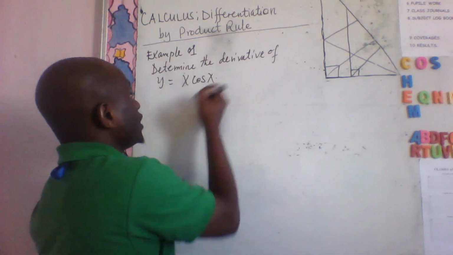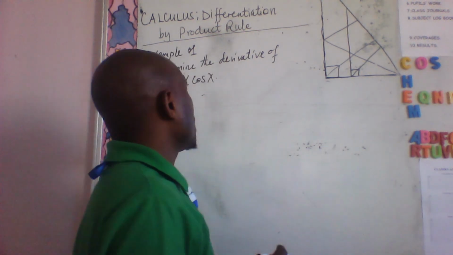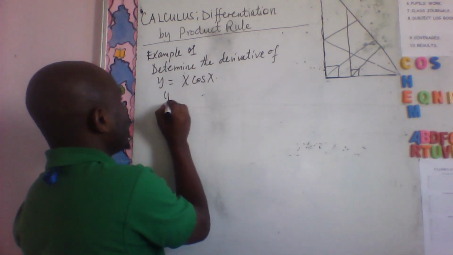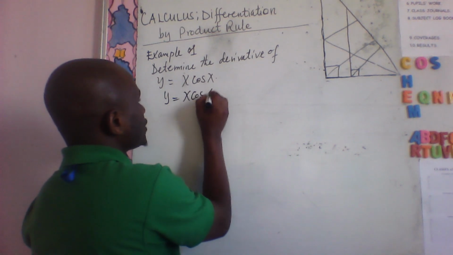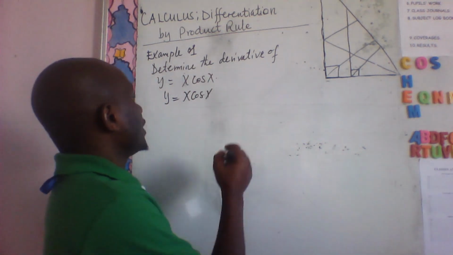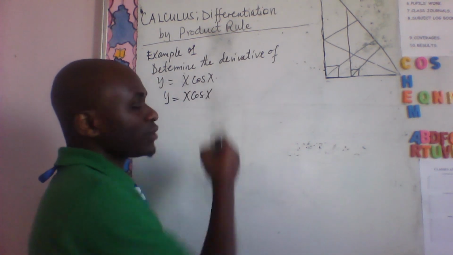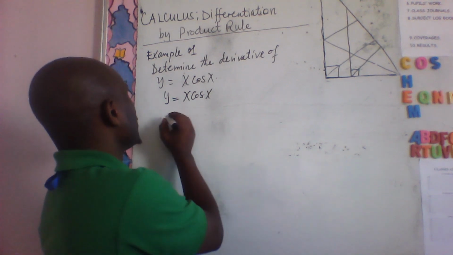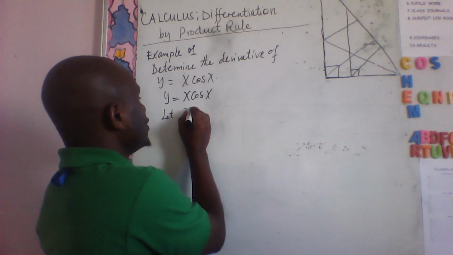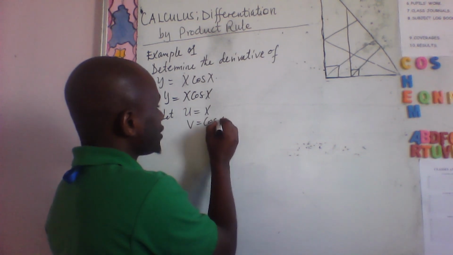So here we are supposed to know that our function is y is equal to x cos x. After knowing that, we are required to let u is equal to x and v is equal to cos x.